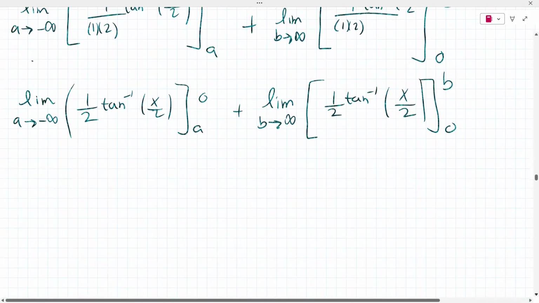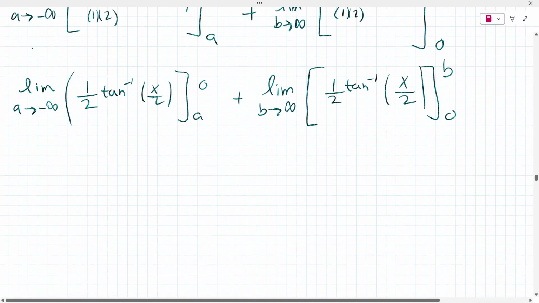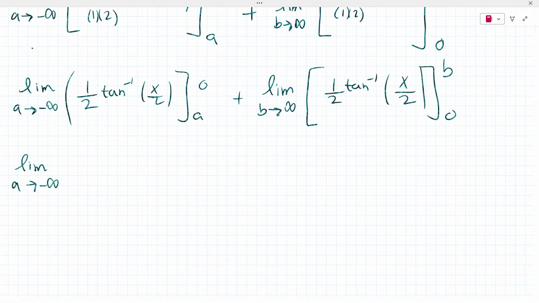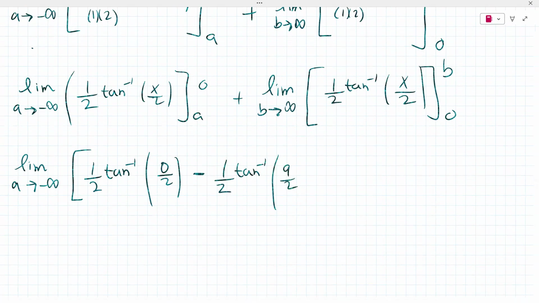Okay, so now you can start plugging in the fundamental theorem. So this is going to be the limit as a approaches negative infinity of 1/2 tan inverse, and then do the upper minus lower. So it's going to be 0 over 2 minus 1/2 tan inverse of a over 2, plus the limit as b approaches infinity.